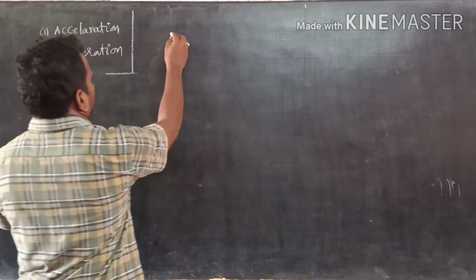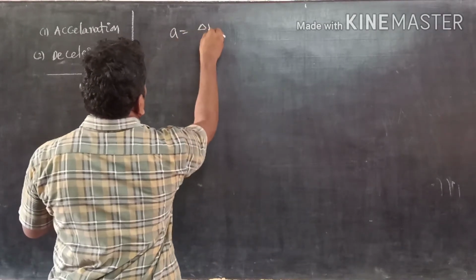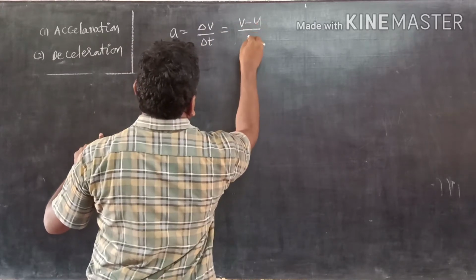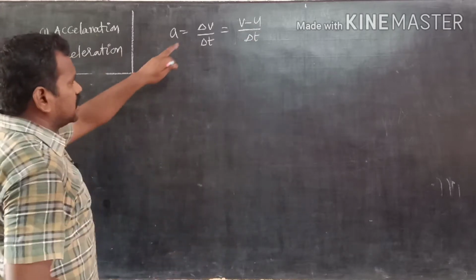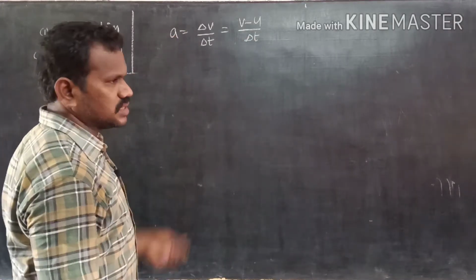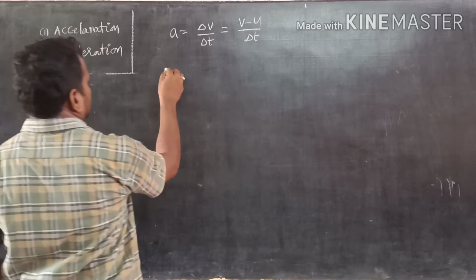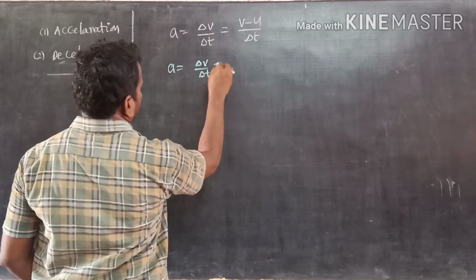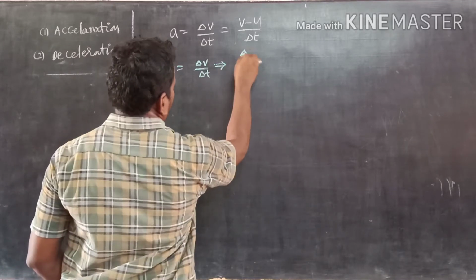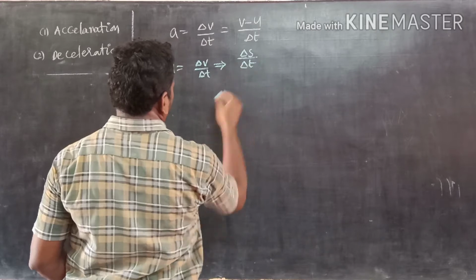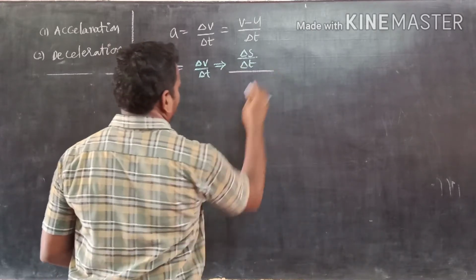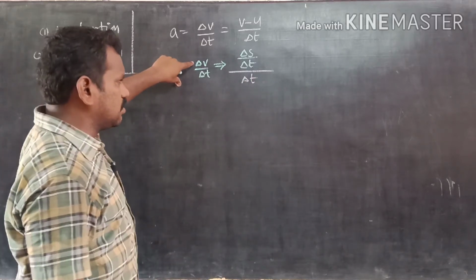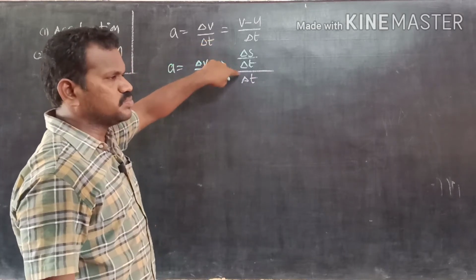Till now what we learned: a equals delta v by delta t, which is (v minus u) by delta t, because the rate of change of velocity is called acceleration. Now, a equals delta v by delta t can be written as delta s by delta t, totally divided by delta t, because velocity is the rate of change of displacement with respect to time.